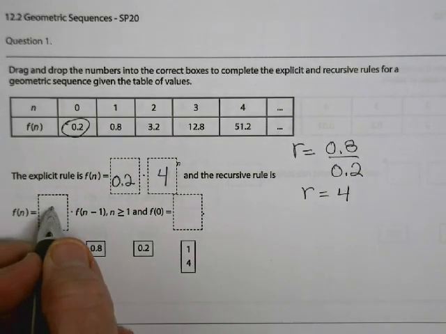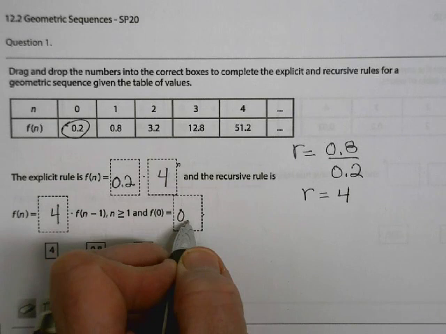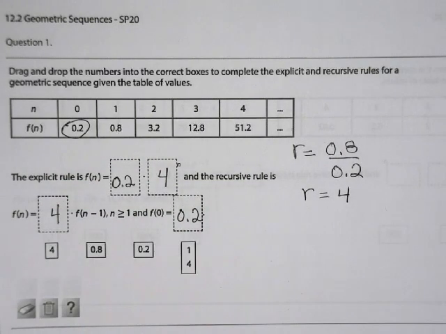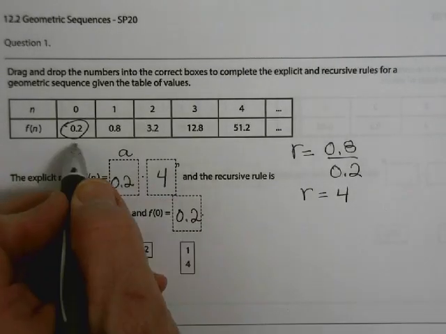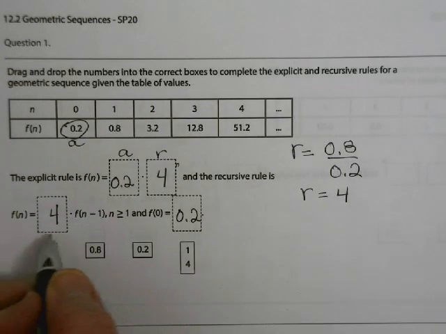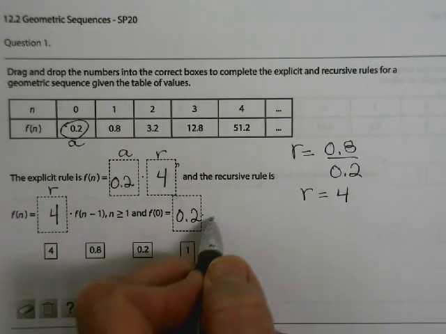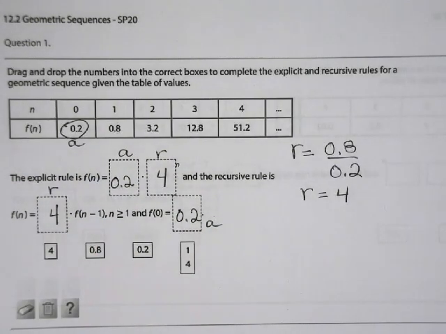So A goes first, and my R goes here, and then my R goes here, and then my A goes here. See, this is A, R, R, A. Find yours.